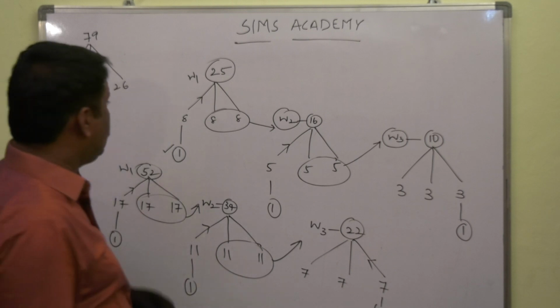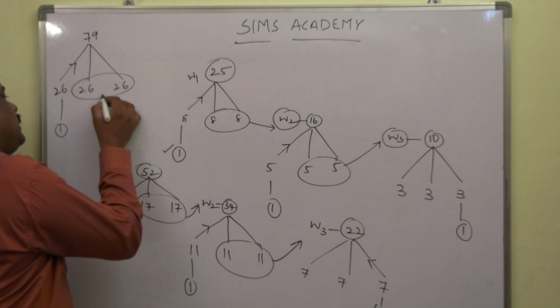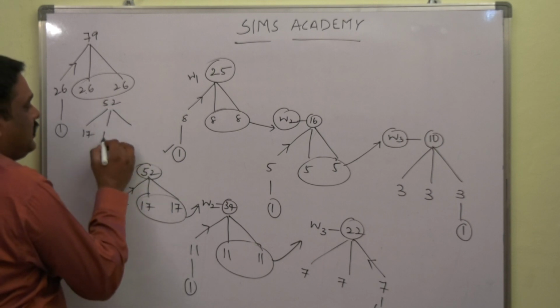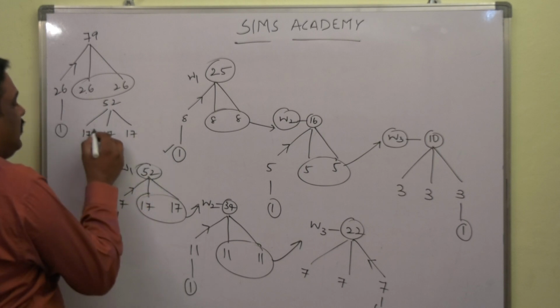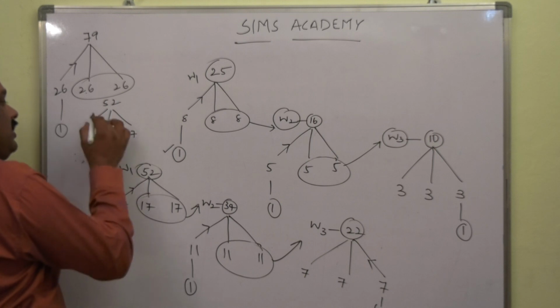She takes her share, and 2 remain, 26 and 26. It becomes 52. Again 17, 17, 17. 1 remains. Okay, with the second wife, 1 remains.